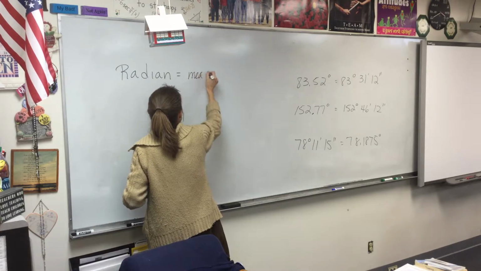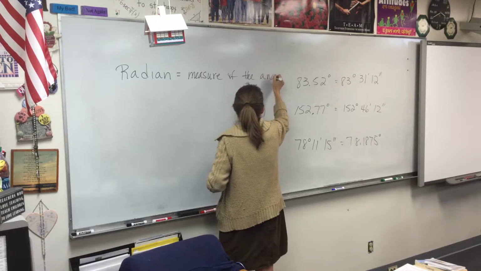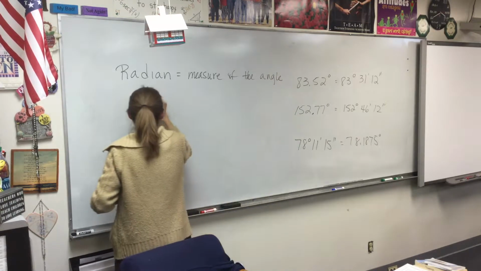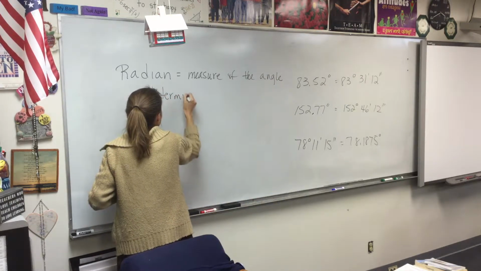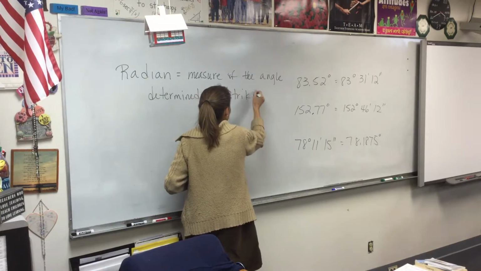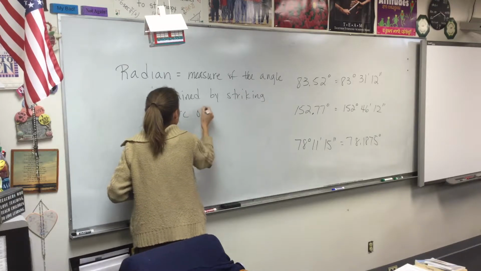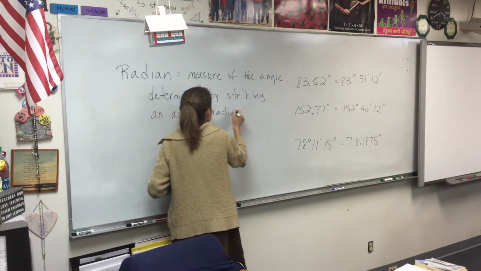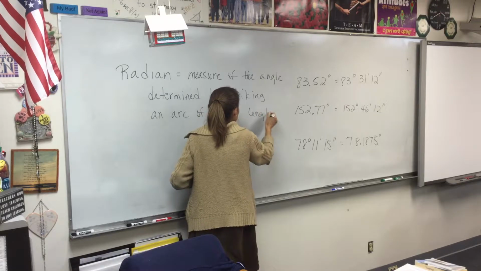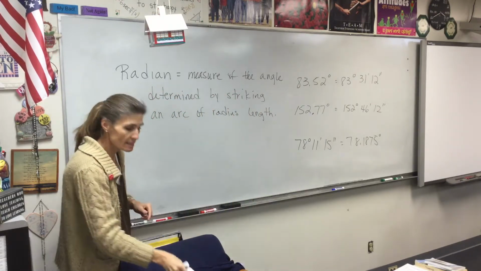It's the measure of an angle determined by striking an arc of radius length. So that's the definition of 1 radian.